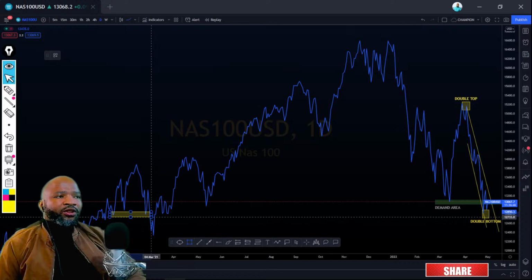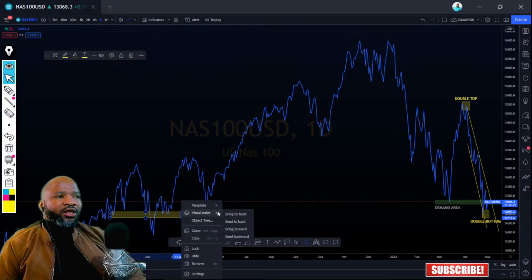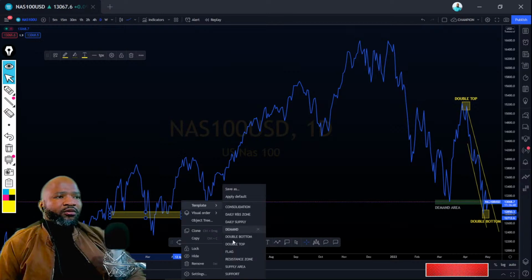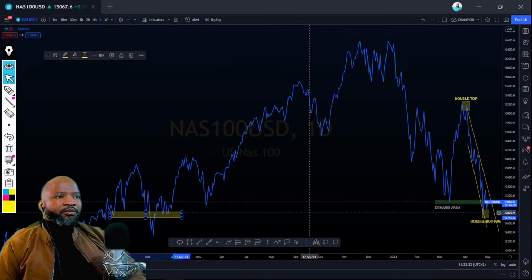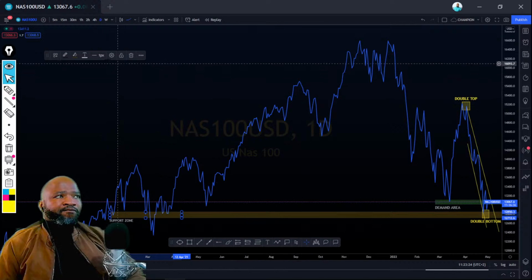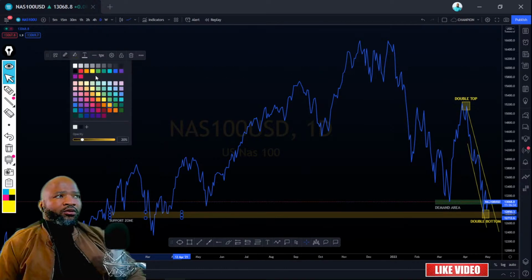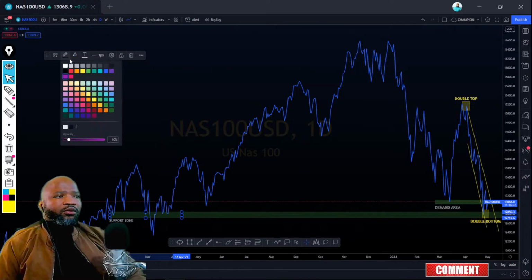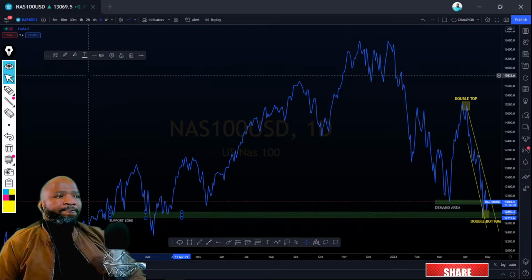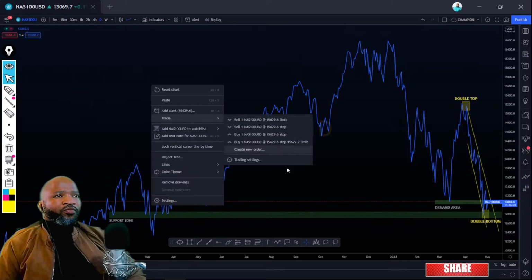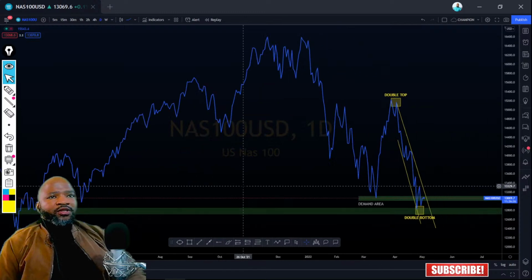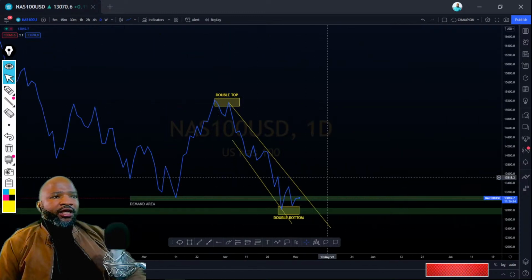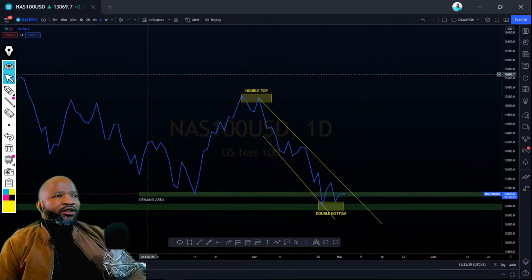I hope you can see that even previously this was a support. Let's place this support there in green, please. It was our support, and it's still active. The price is still respecting the level.